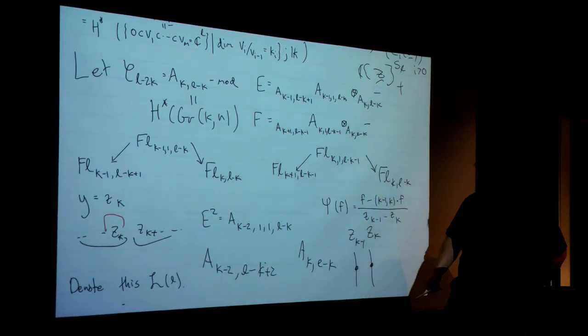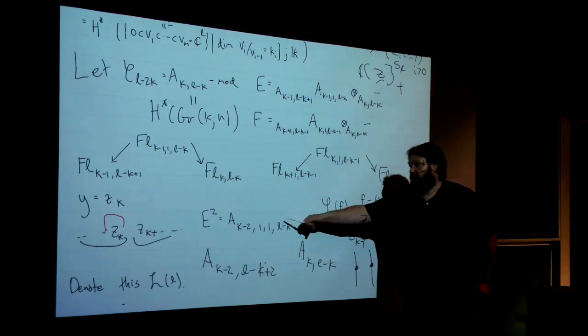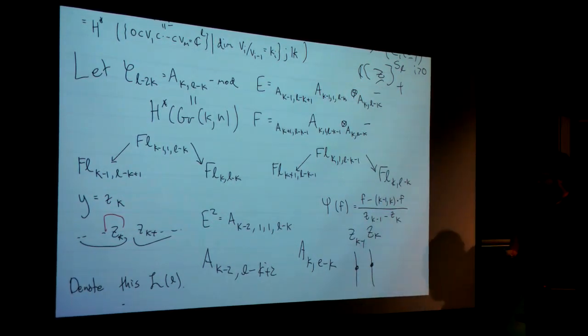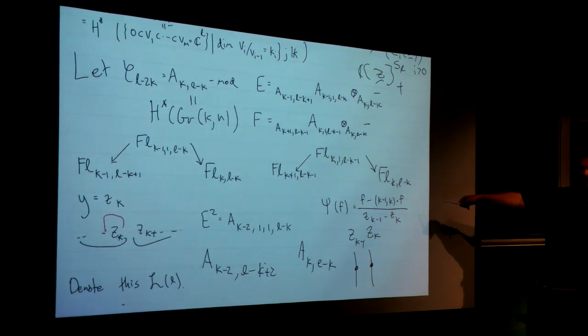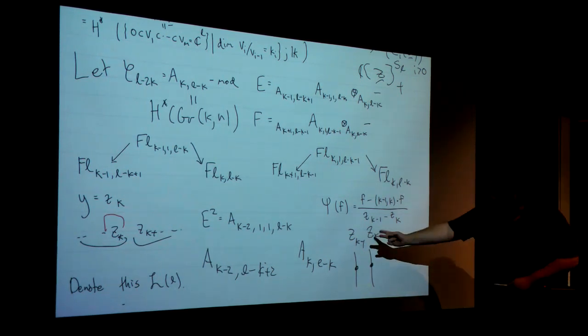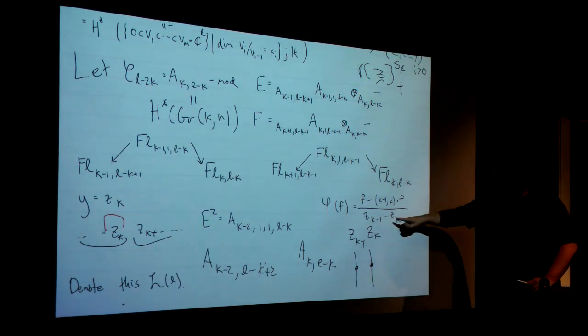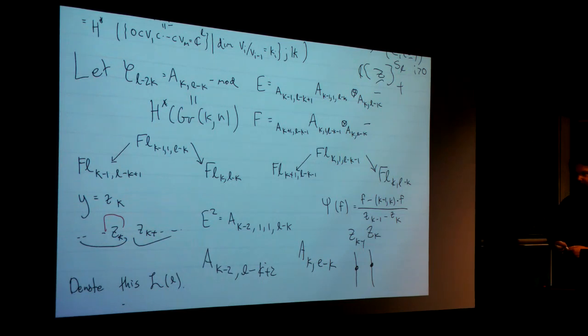So I could do something that commutes with the action of these guys, commutes with the action of these guys, but is not a ring homomorphism. And it's this divided difference operator. So I can anti-symmetrize for these 2 variables in the middle. And after I do that, I have to get something that's divisible by ZK minus 1 minus ZK.